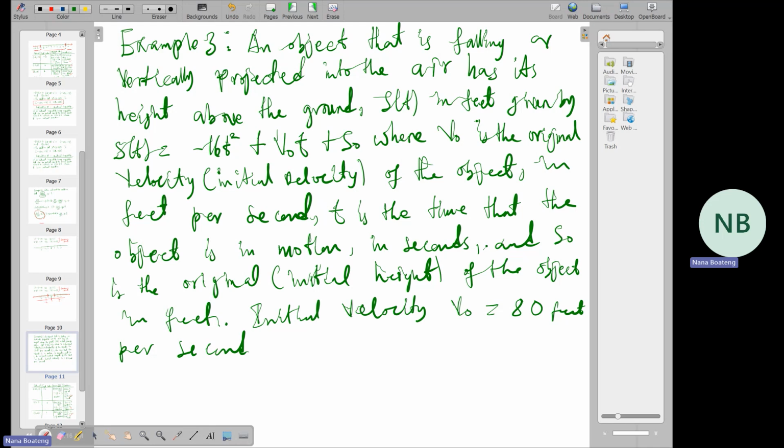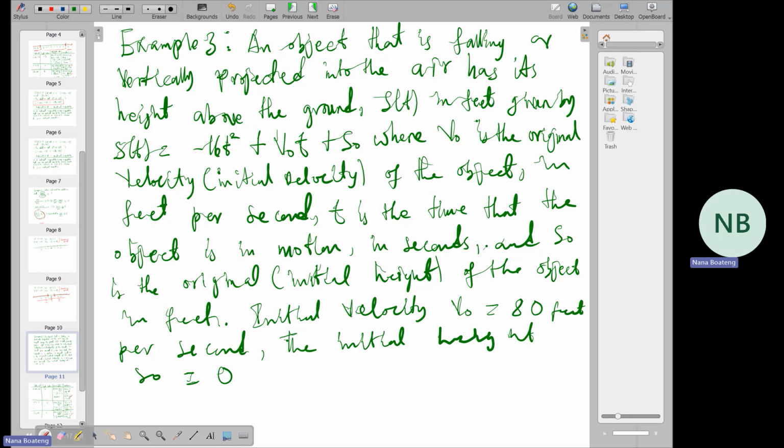And the initial height is 0. Let's make the initial height to be 0.